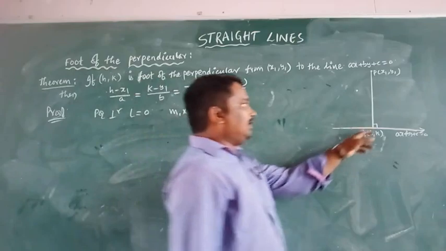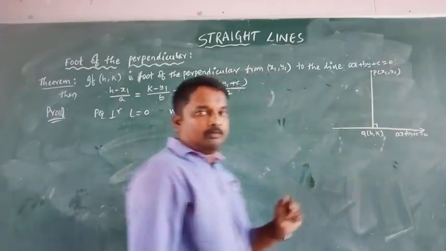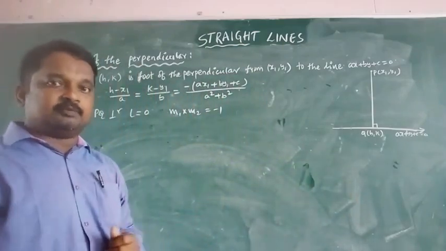Here m1 is the slope of line PQ, and m2 is the slope of the line L. For PQ we have two points, so from the two-point formula the slope is the ordinate difference by the abscissa difference.